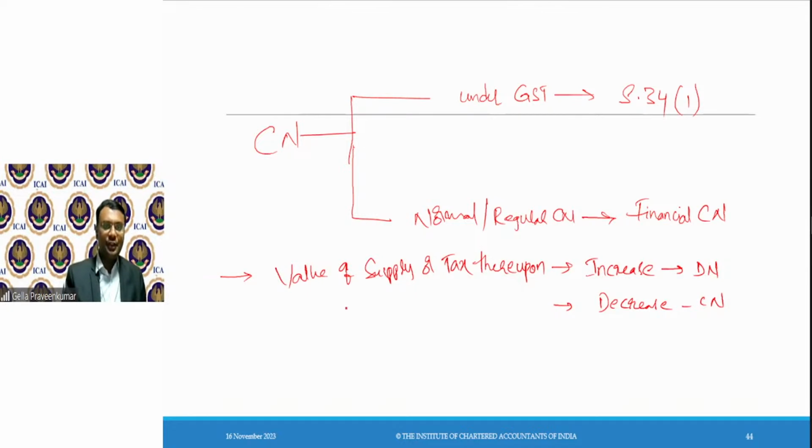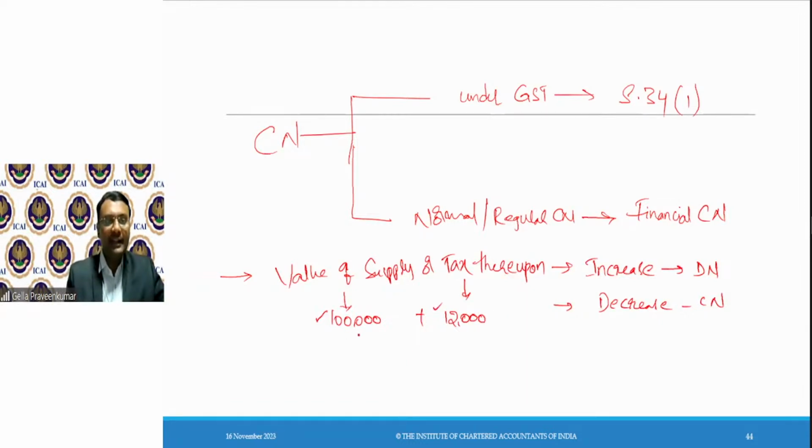For a moment, let us assume that the value of supply is mentioned as 1 lakh and tax thereupon is mentioned as 12,000. As an accountant, we may make a mistake with respect to value of supply or with respect to rate of tax. Anything may go wrong.